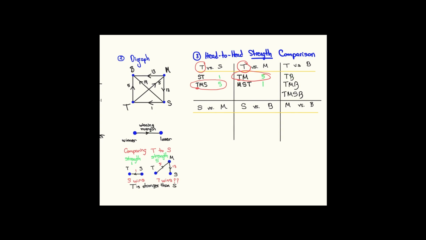We have TB, T to B, the only number is 5, so the strength is 5. The next one is TMB, 5 and 13, the smallest of those numbers is 5. And the last one is TMSB, 5, 13, and 19.